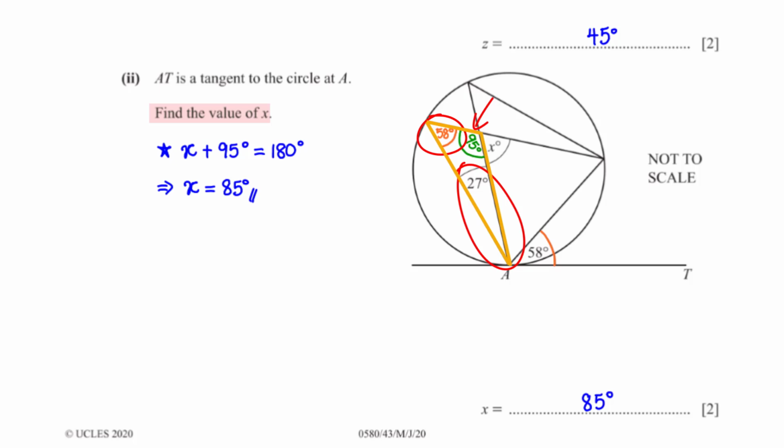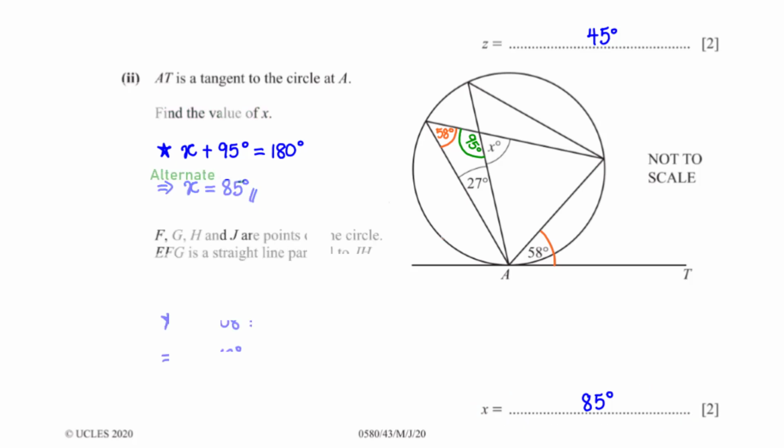This gives us 95 degrees. Angles on a straight line add up to 180 degrees, and so x plus 95 degrees must add up to 180 degrees. When we subtract 95 from both sides, we get x equals 85 degrees.